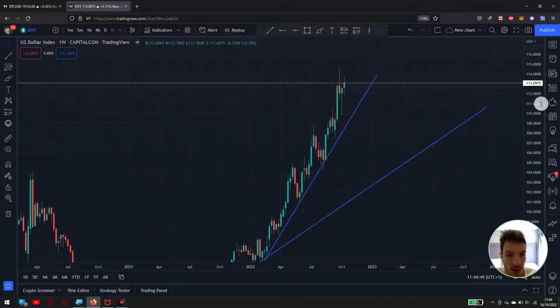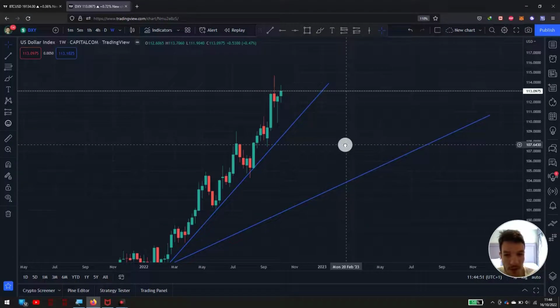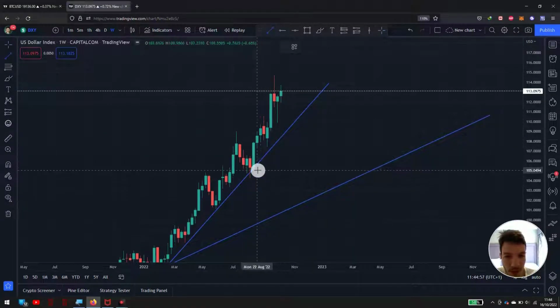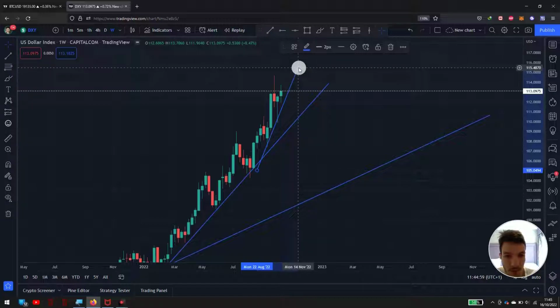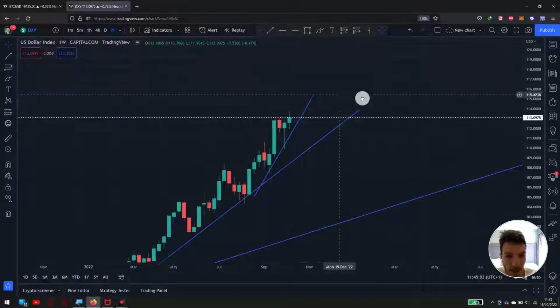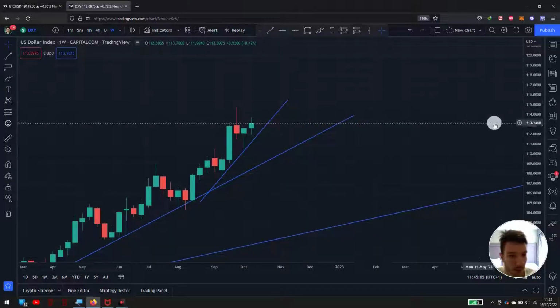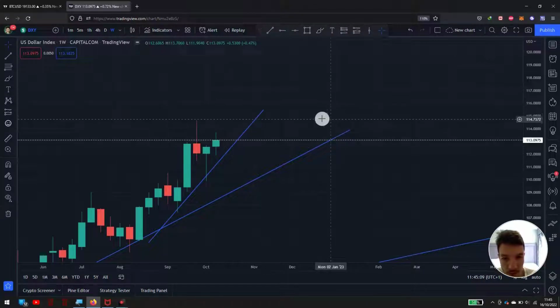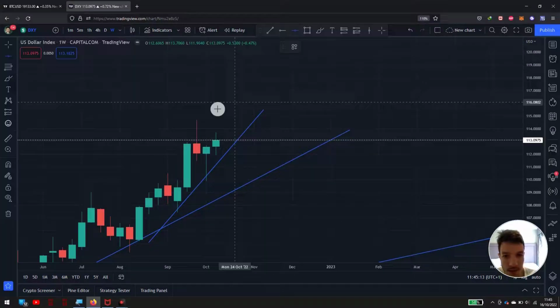All right, but again the US dollar was even more bullish, so it has made another pattern here. So you can see this one here. But now it has reached the top here, and this one is our next resistance.